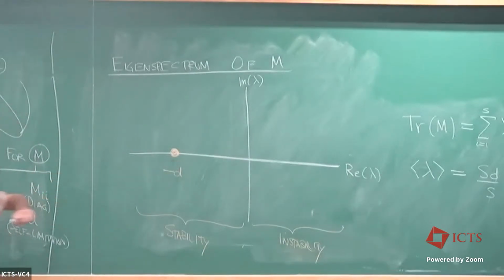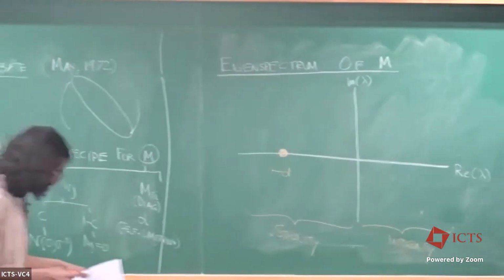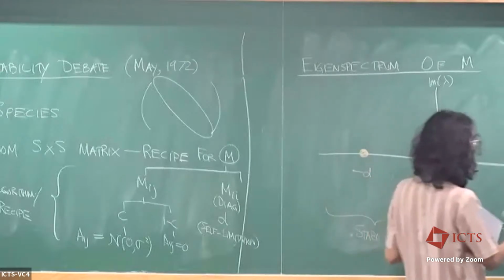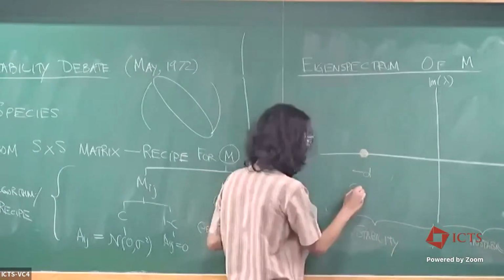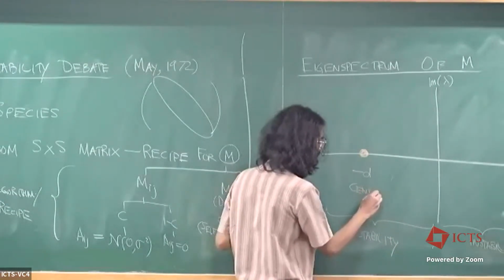So now what we want to start doing is to start increasing the connectance a little bit, or you can have C equal 1 and sigma squared equals 0, right? Okay, so this mean eigenvalue is the first argument that May has, which is that this is the center of the eigenvalue distribution.